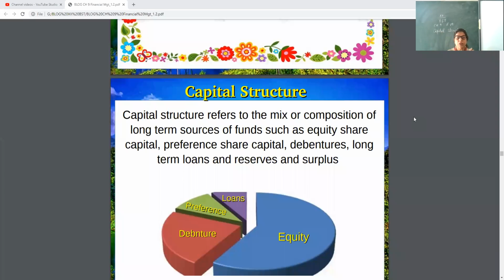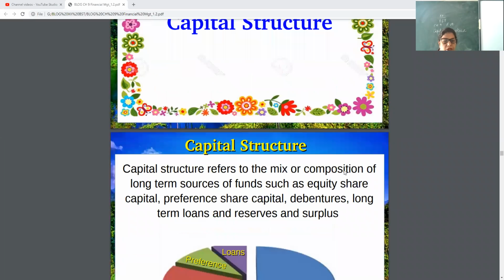So the combination or the mix, composition of own fund, borrowed fund. Debt, equity. Debt means debentures and long-term loans, and equity means equity share capital, retained earning, surplus, reserves, etc. So capital structure is the combination, mix, composition of sources of funds. Note down please. This is the capital structure.